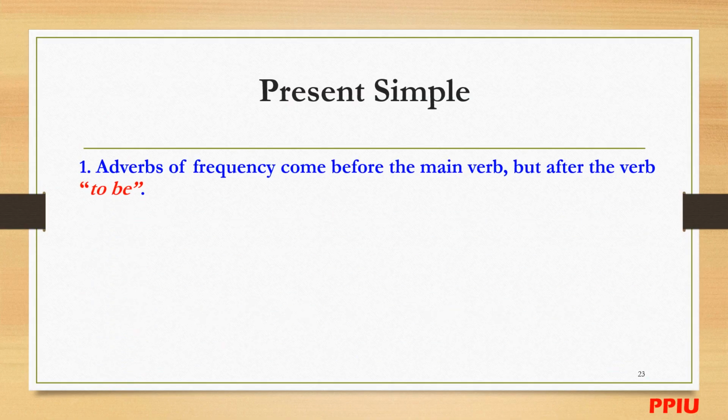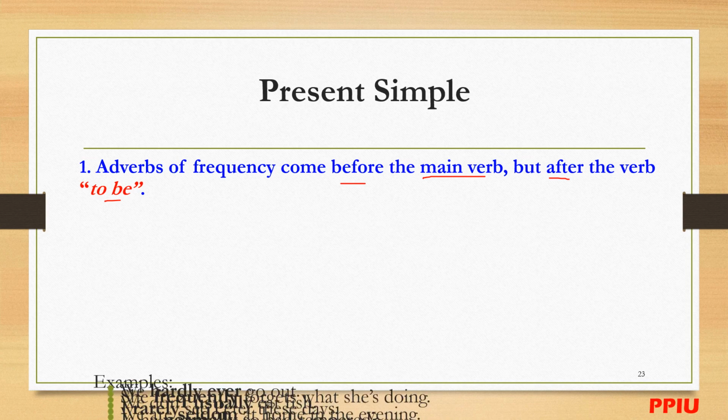In this part, adverbs of frequency come before the main verb but after the verb to be. Before the main verb, and after the verb to be. You can see the examples here.